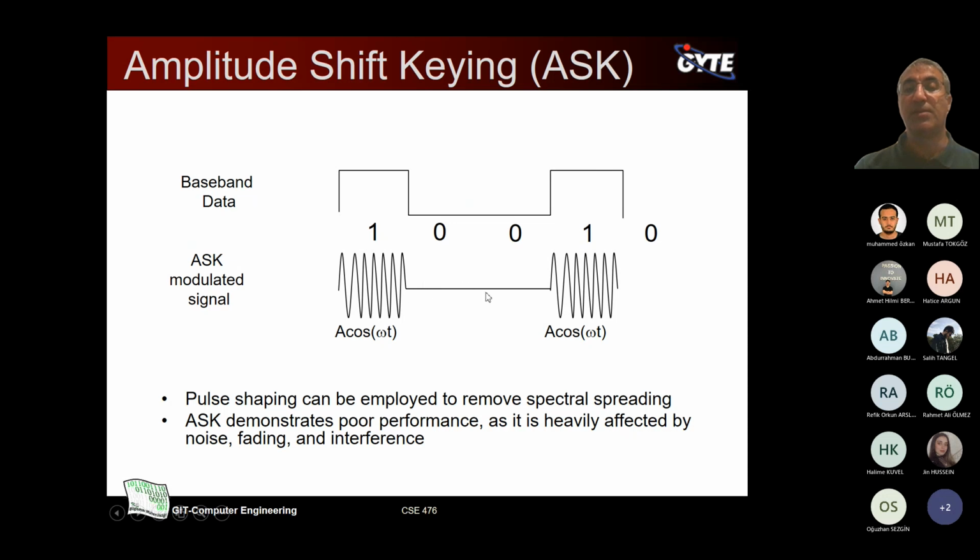That's why it becomes 0, 0, then 1, 0. And then on top of that, we can employ pulse shaping in order to remove the spectral spreading. Performance-wise, ASK demonstrates poor performance because it can be affected by the noise, fading, as well as the interference. Because you carry information with the amplitude, and amplitude can be affected by these factors.